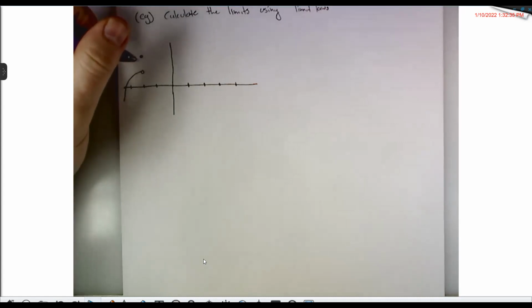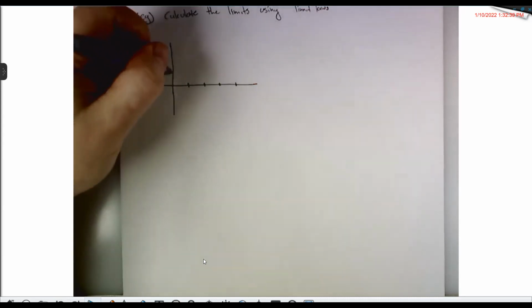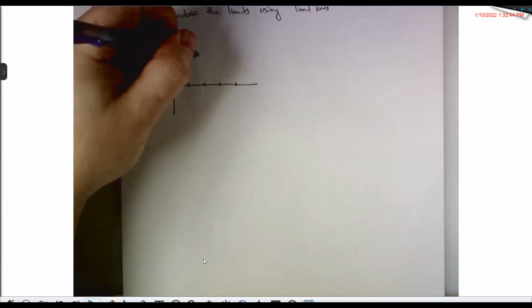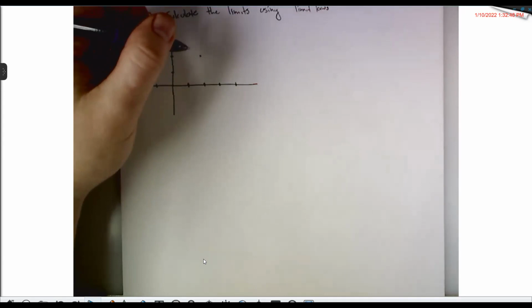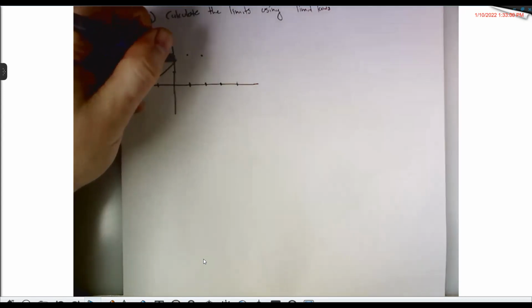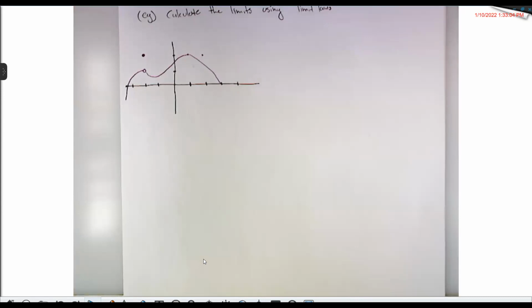Okay, and the function f does this, and then dipping back down, and then coming back here. Okay, so something like this for our function f. Sorry, I'll tab back over in one moment.